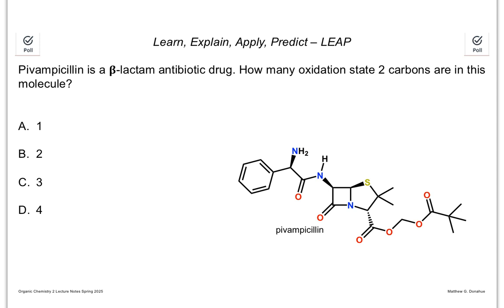So how many oxidation state 2 carbons are there? Got a 2, we got a 3, there's 2. So that right there, that's called an N,S-acetal. And then this right there is your normal acetal.